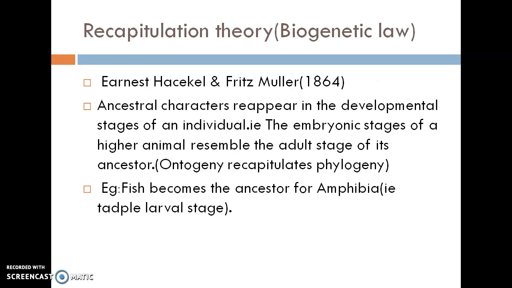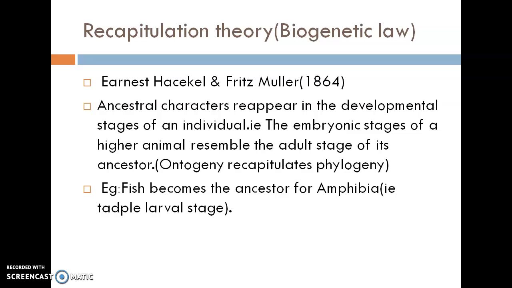Then another law comes that is called the recapitulation theory. This is also called the biogenetic law. It was proposed by Ernst Haeckel and Fritz Muller in 1864. According to this recapitulation theory, recapitulation means the ancestral characters will reappear in the developmental stage of an individual. We know that during the development of a mammal, during the pregnancy period, a lot of developmental forms will be much more similar to their ancestral form.